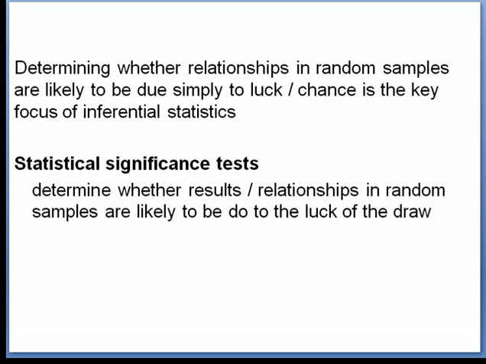So the researcher sees a relationship in the random samples, yet the fact of that relationship doesn't let her conclude assuredly that there's a relationship in the population. Basically, determining whether relationships in samples are likely to be due simply to luck or chance, that is indeed the key focus of inferential statistics.